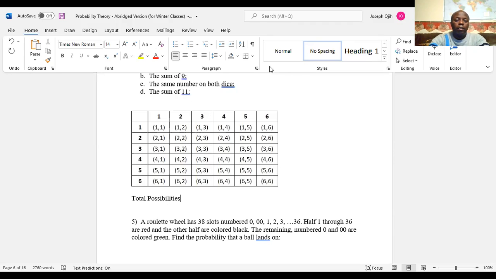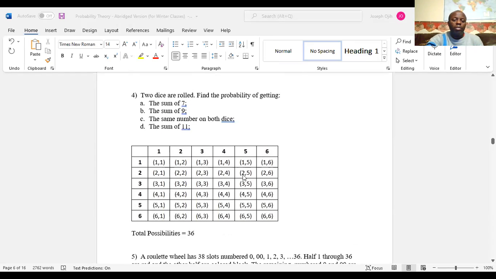If you count the whole of this, you see that it is 36 possibilities.